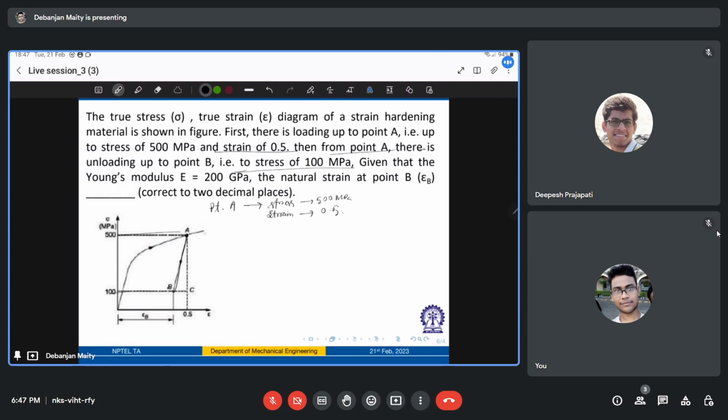So here at point B, stress is provided as 100 megapascal, and given that Young's modulus E is equal to 200 GPa. Now what will be the epsilon B? This is very simple actually.